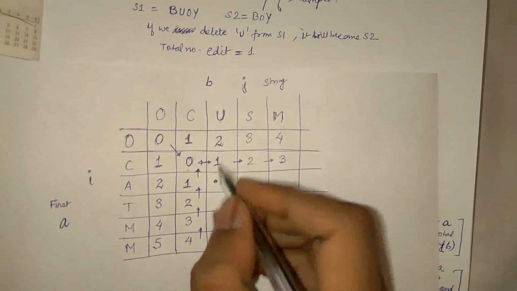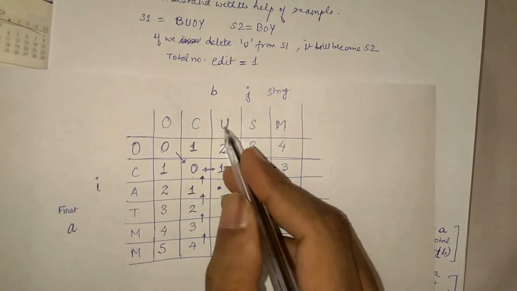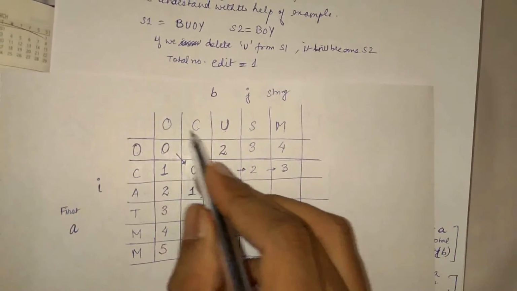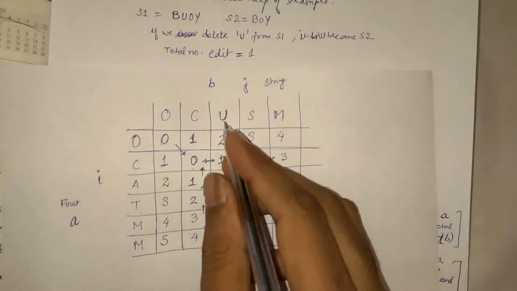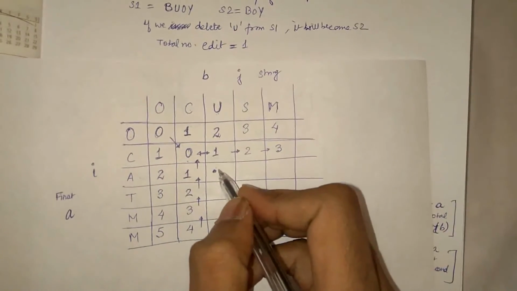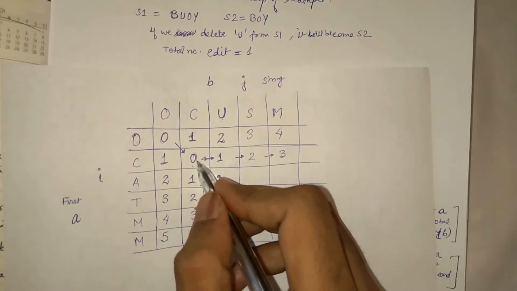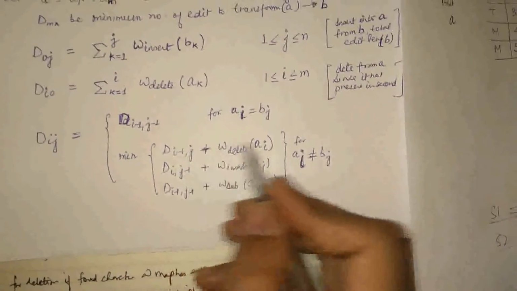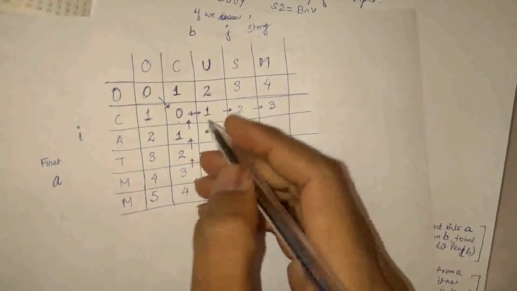So we will check if this U and this A are not matching. We have already encountered CU and here CA, right? If this U and A are not matching, we will take the minimum of these two. So the minimum is 0, and this is the minimum of all these.